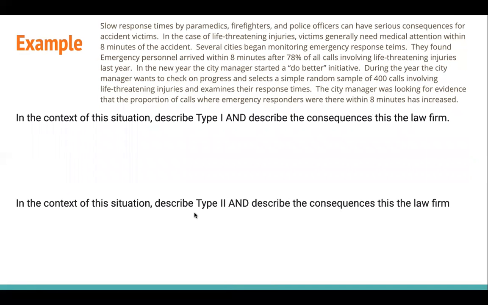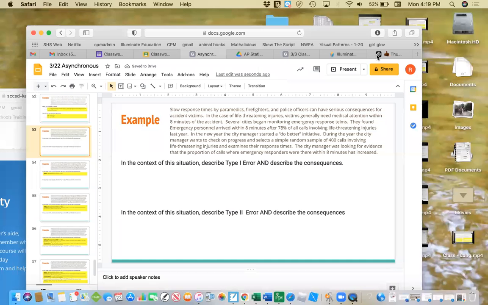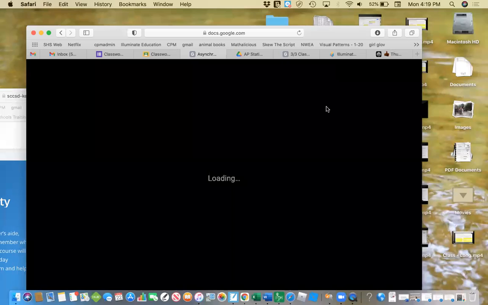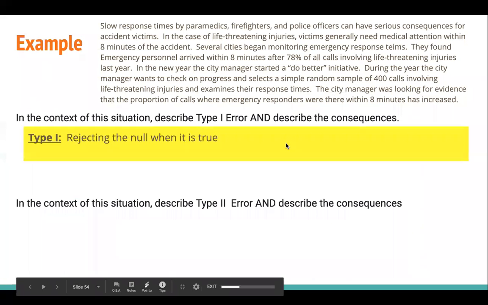Now we're going to look at type 1 and type 2 error in this, describing the type 1 and type 2 error and describing a consequence in this situation. So first, we'll look at just summarizing what is type 1 error.